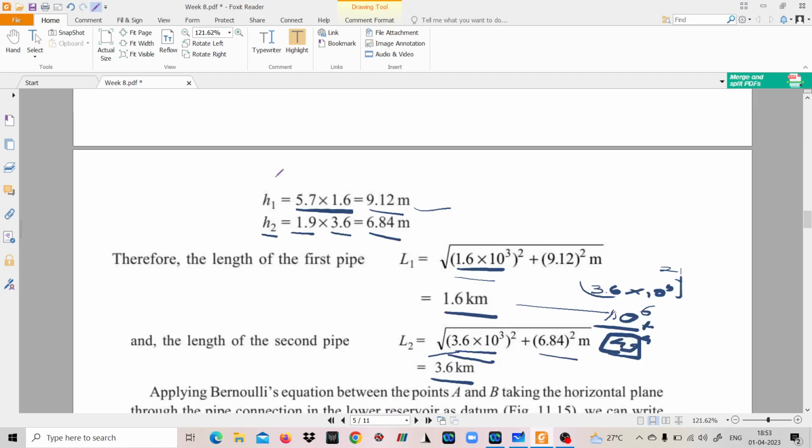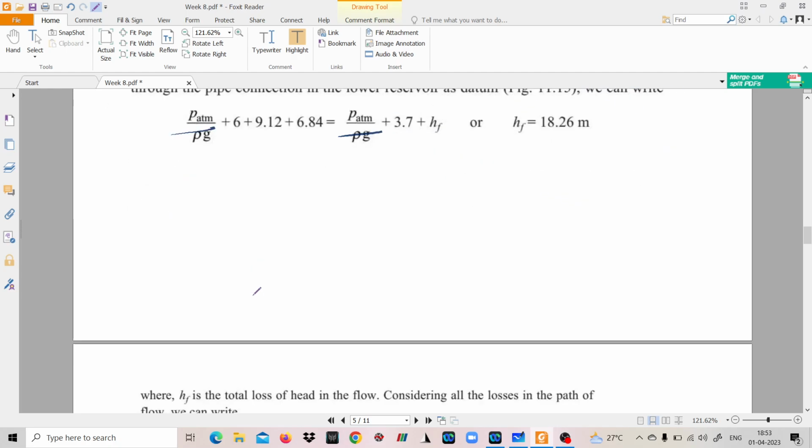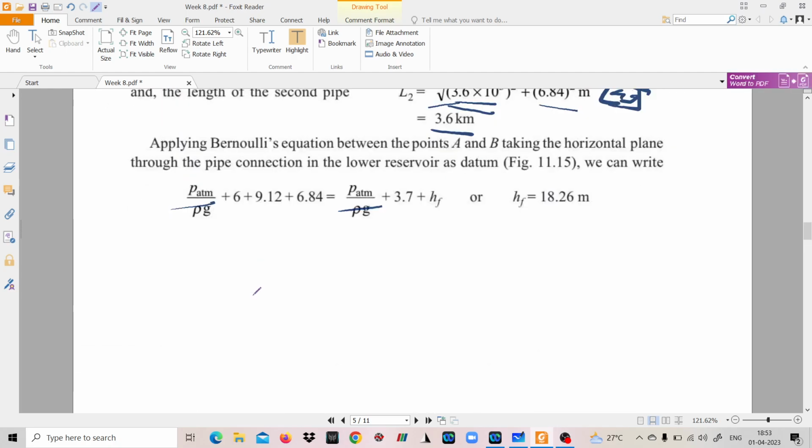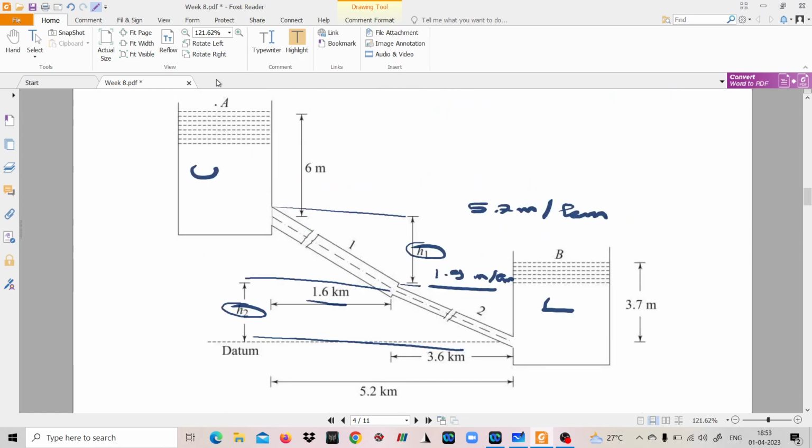Then what else is there? Next, 6 plus 9.12. If you look at point A, what is the velocity head? What is the total energy at point A?